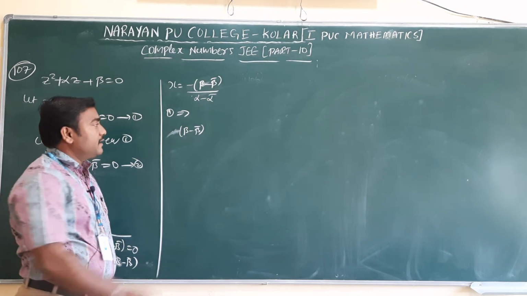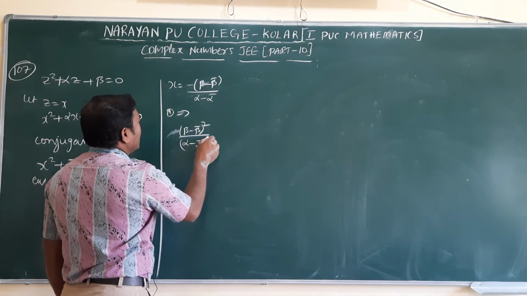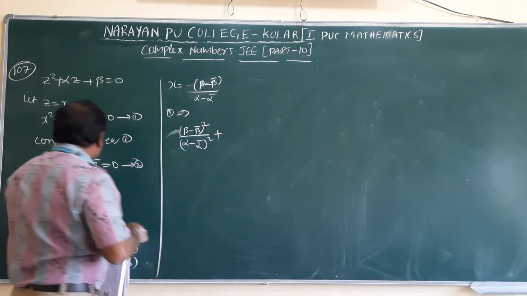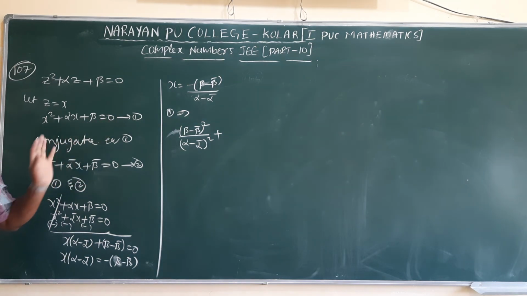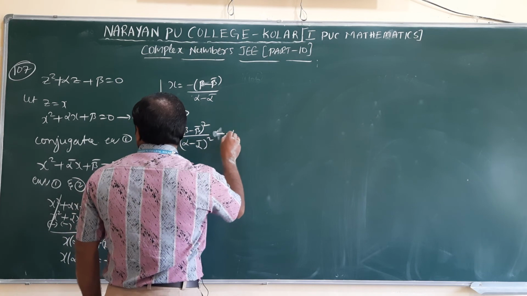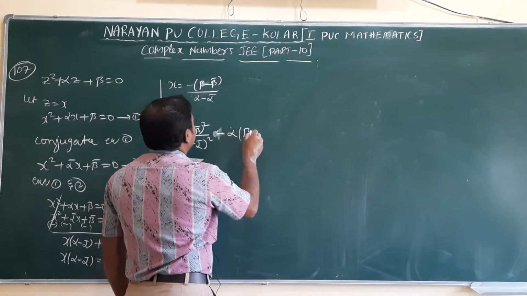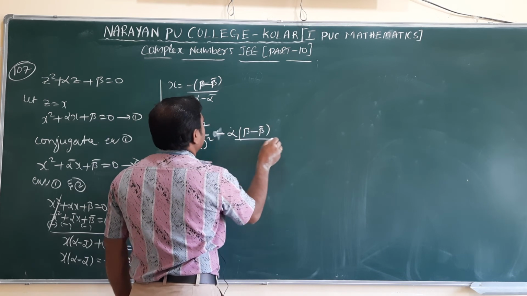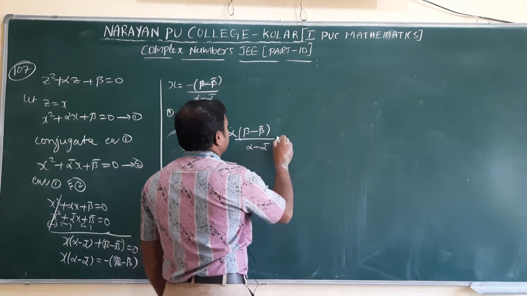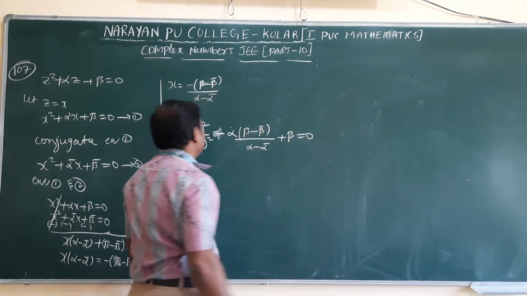So beta minus beta bar whole square divided by alpha minus alpha bar whole square, plus alpha into the x value, which gives minus alpha into beta minus beta bar divided by alpha minus alpha bar, plus beta is equal to 0.